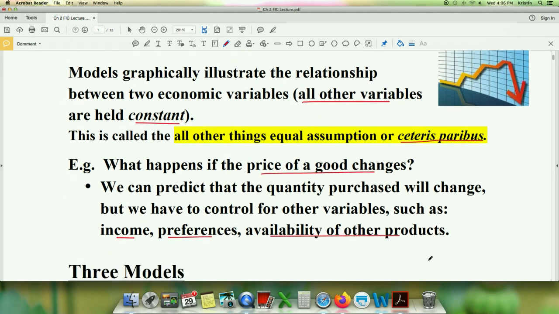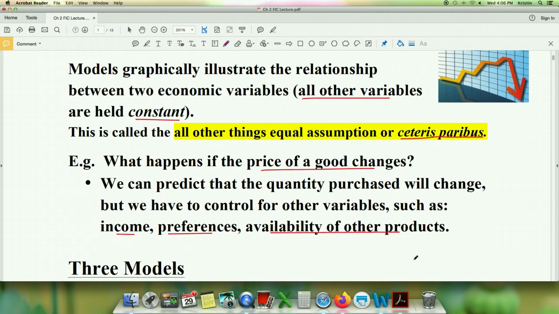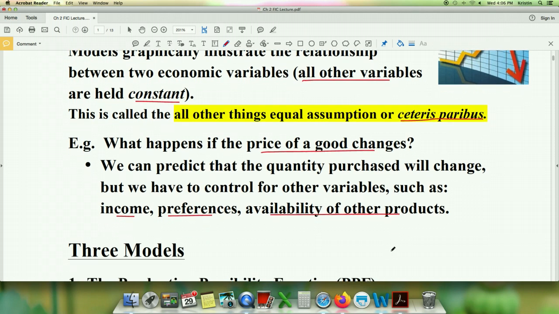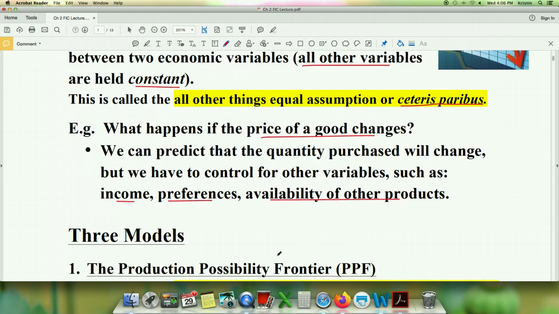Now in this chapter, we're going to start by talking about production. The first model is called the production possibility curve, or production possibility frontier. This is going to show for a person or an economy what is possible for them to produce.